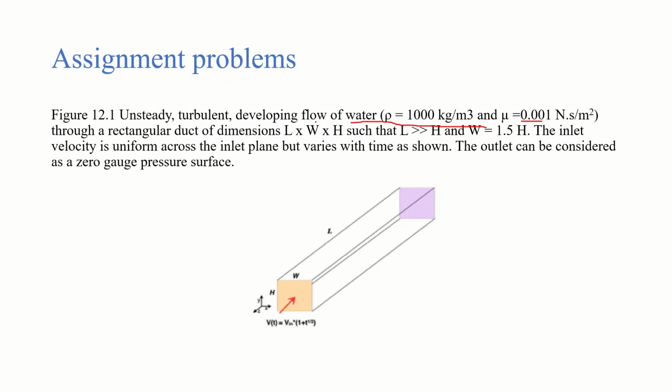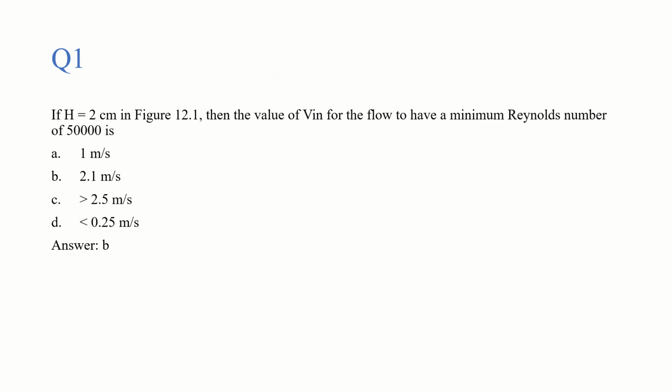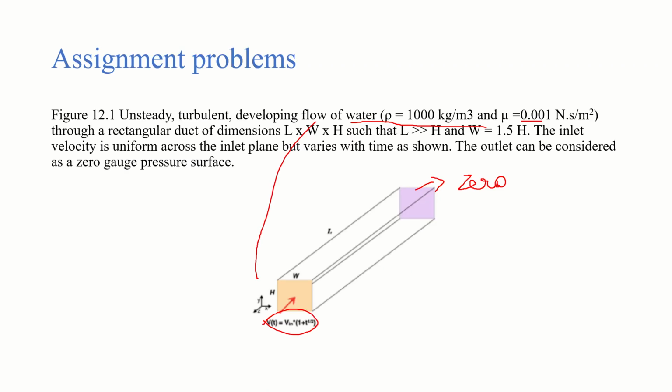The inlet velocity is uniform across the inlet plane but varies with time. So here it is given that the inlet velocity is varying with time, and the outlet is 0 gauge pressure. I hope things are clear from this statement. Figure 12.1 is the figure for this problem.